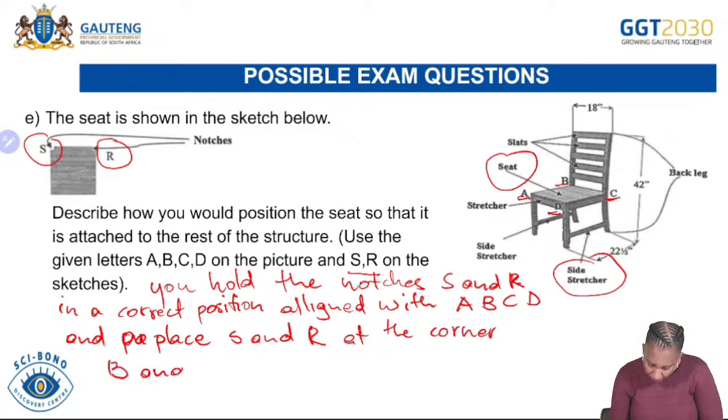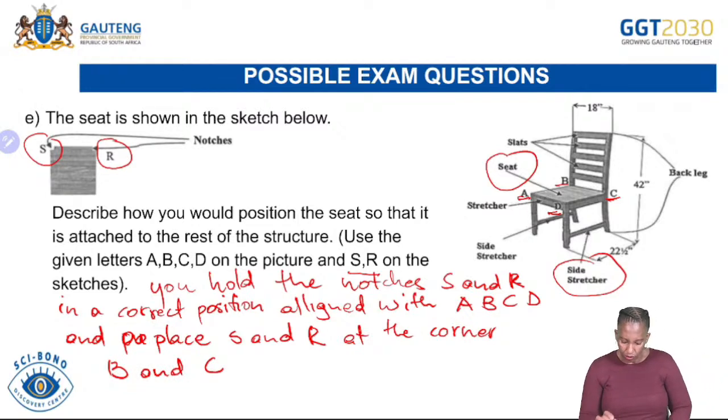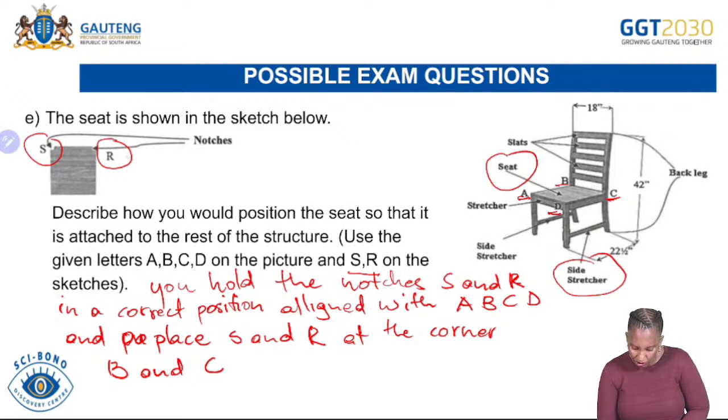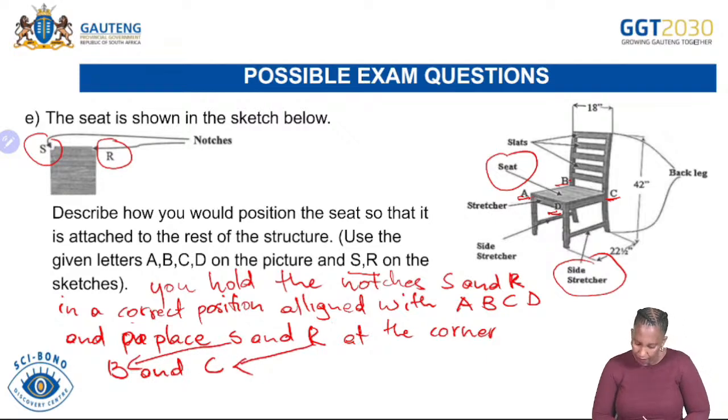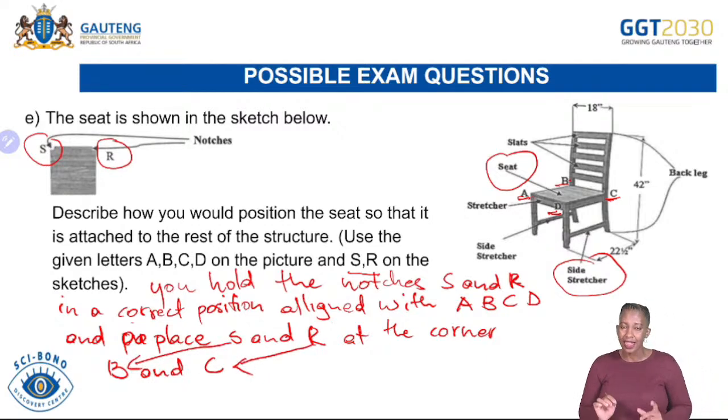B and C. So if I say that, let's go back, you hold the notches in this position, you make sure that you are placed in the correct position aligned with A, B, C, D, and then you place the S and R at the corner of B and C. So that means S will go with B and then R will go with C, so that it is tightly placed.